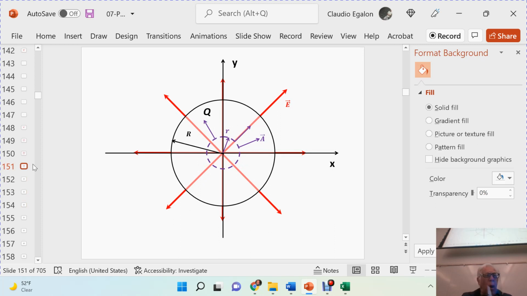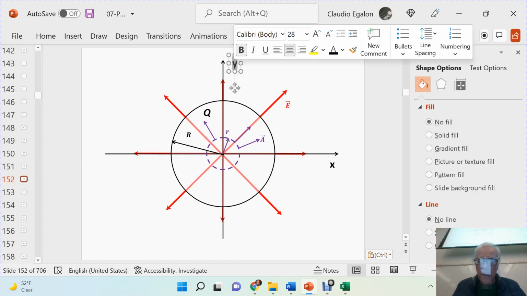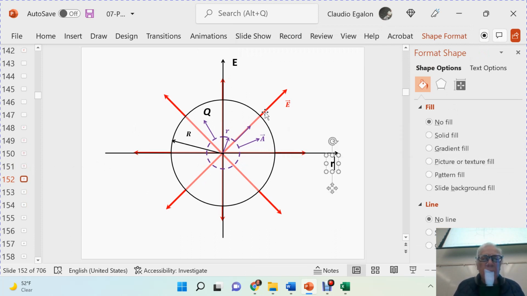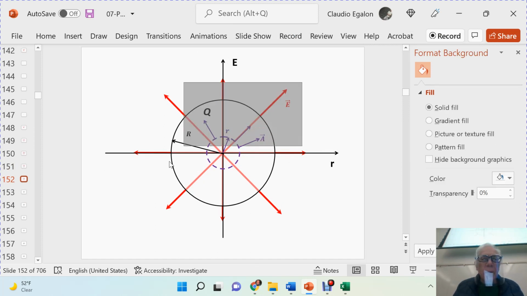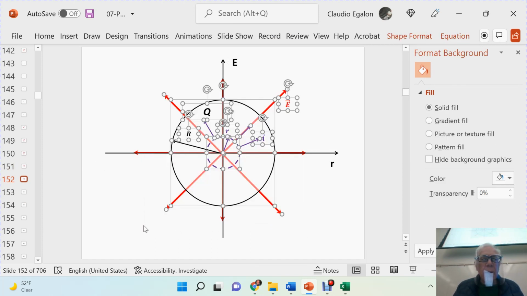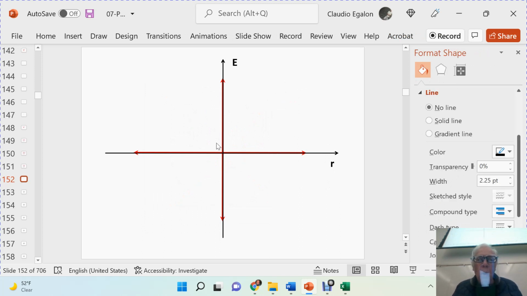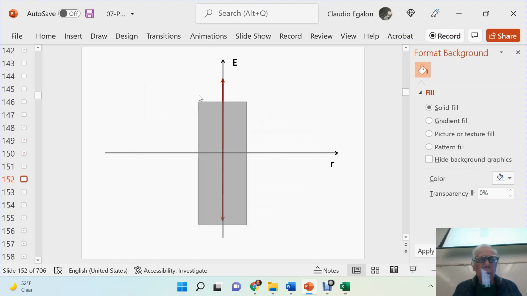If I were to plot the intensity of the electric field against the distance r, it would look something like this.